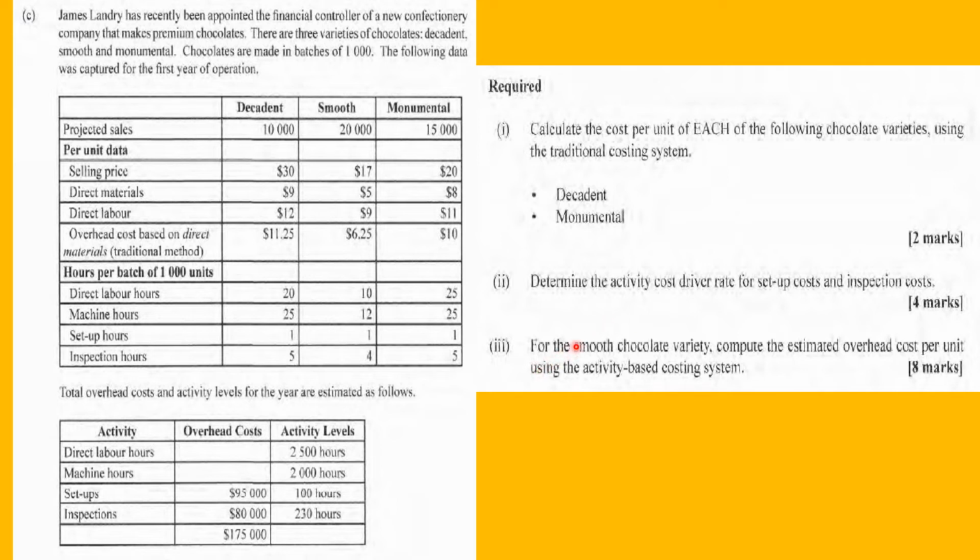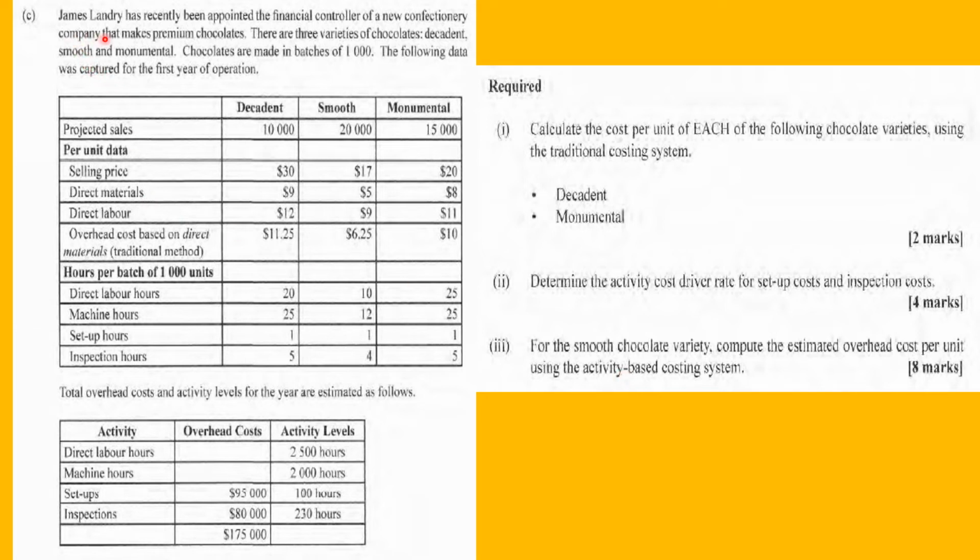And so we're moving over into activity-based costing. And then for the smooth chocolate variety, compute the estimated overhead cost per unit using the activity-based costing system. I'm not sure what it is they really require here, but when we look at the data, we would see.